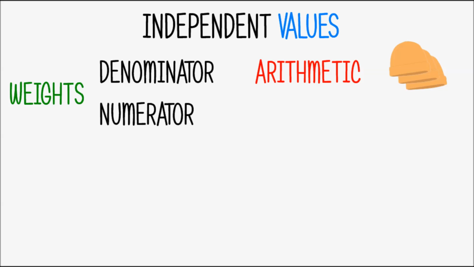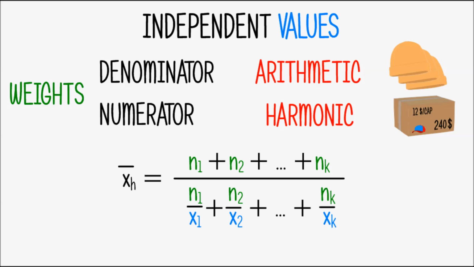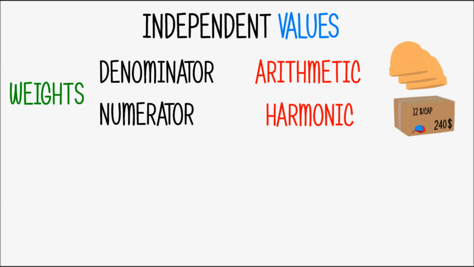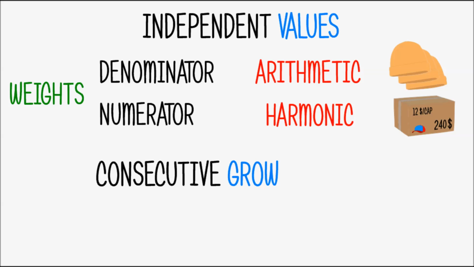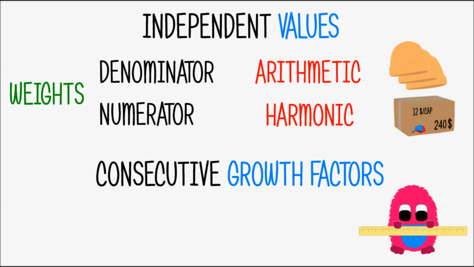If they refer to the numerator, as was the case when we had 3 deliveries of the same cap at different prices, here the weights were the total amounts of each delivery, we need the weighted harmonic mean. If we are looking to calculate an average of consecutive growth, shrinkage, or let's just say change factors, as we did when we figured out the average expansion per washing, or when we talk about the growth of investment, for example, we need to use the geometric mean.